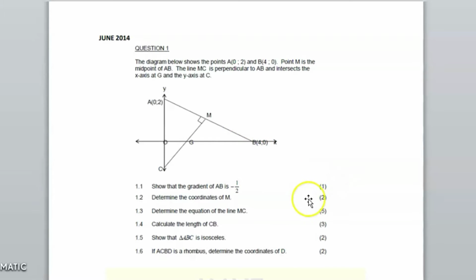It's allocated 1 mark, so we shouldn't be worried about it. It's just a single step, I think. So to show that the gradient of AB is equal to -1/2, I've scripted down some answers to save time, guys, because we have a lot of things to do.